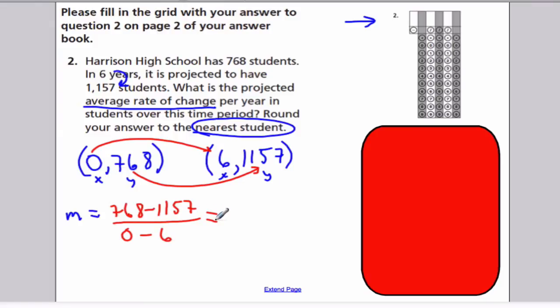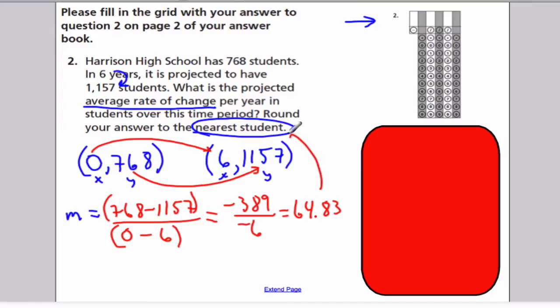And in that scenario, I'm going to get negative 389. Do the top part first on your calculator. Divided by 0 minus 6, which is a negative 6, which gives us 64.83. Now they said round to the nearest student, so let's round it to be 65.